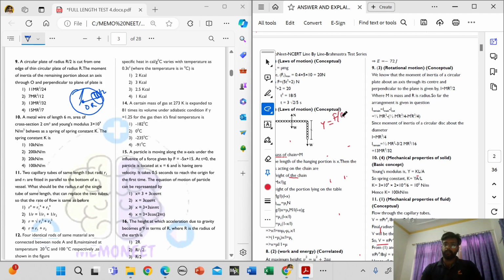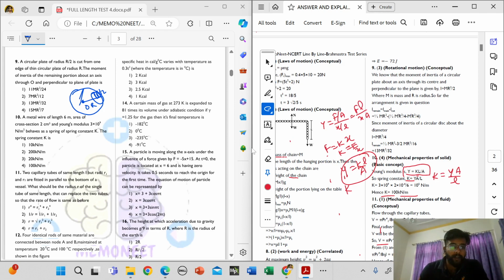Stress is force upon area, strain is change in length upon length, so we get Y equals FL upon Ax. And from the spring constant, F equals Kx, so K equals F by x. So Young modulus becomes KL upon A. From here, we get the value of K equals YA upon L. All these parameters are given in the question, so we can find the value of K.